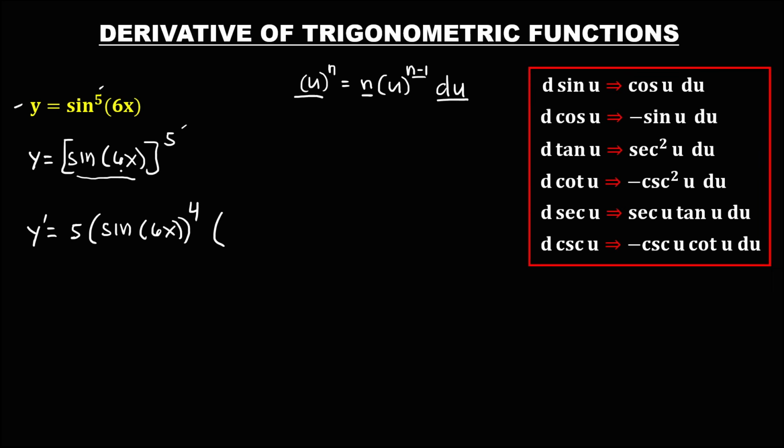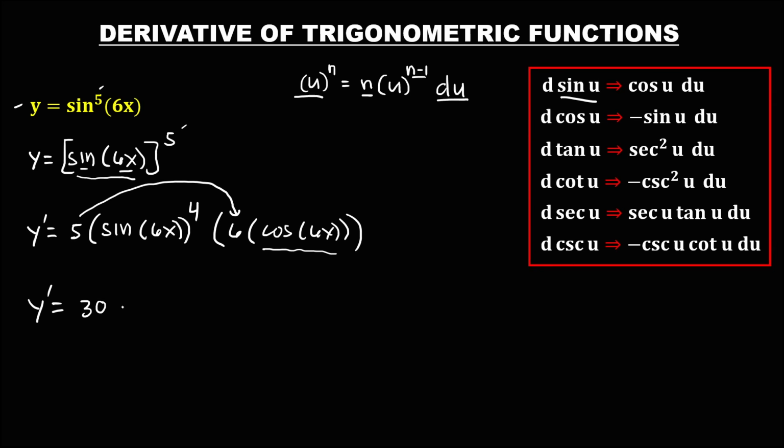The derivative of 6x is 6, then times the derivative of sine, which is positive cosine 6x. Then simplify, so y prime equals, multiply this 5 and 6, so 5 times 6 times cosine 6x, so this becomes 30 cosine 6x.